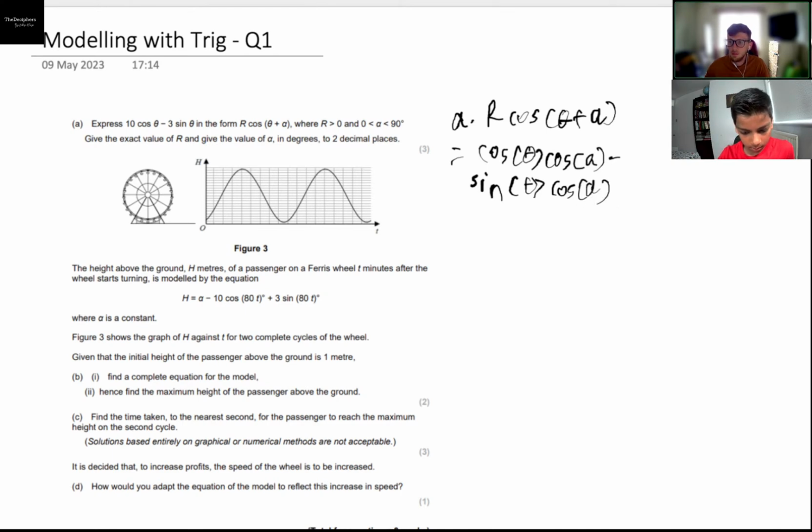And we multiply all of that by r. So that is r cos theta cos alpha minus r sine theta sine alpha.